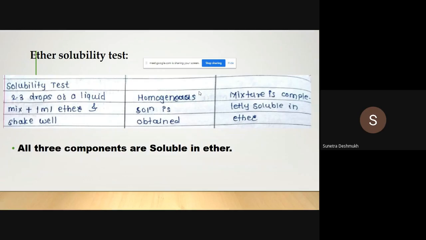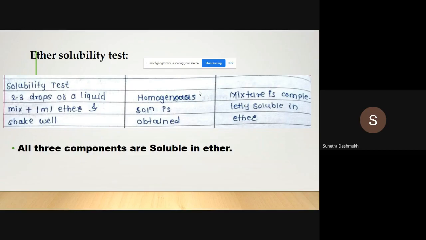Okay, so ether solubility is very compulsory. For the solubility test, again you take a small amount of mixture in a test tube, add a small amount of ether, and shake it. After shaking, we get a homogeneous solution.